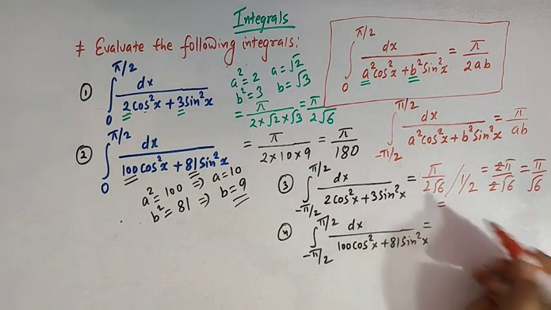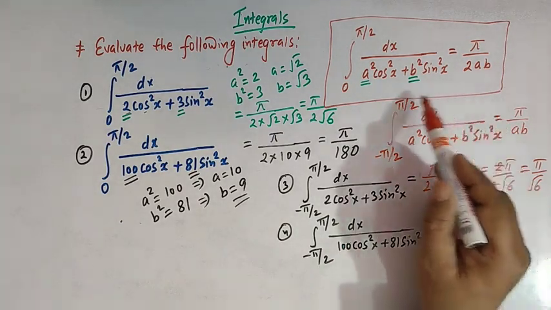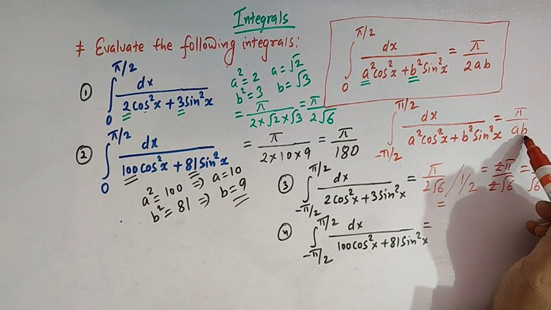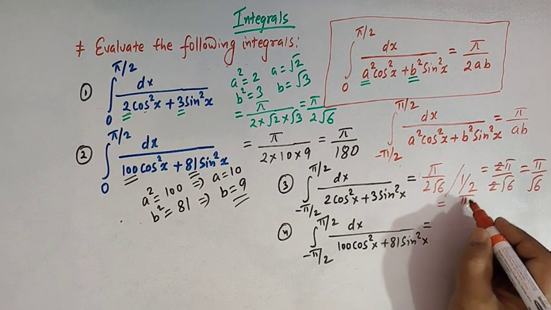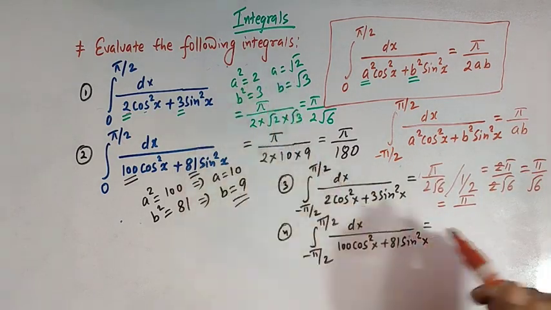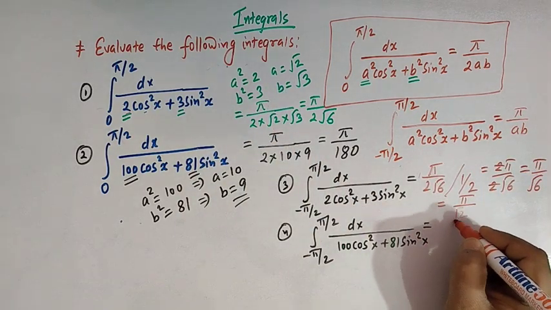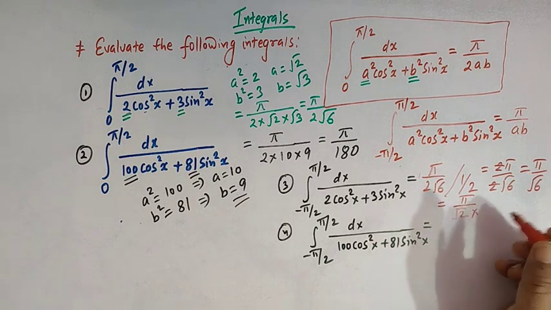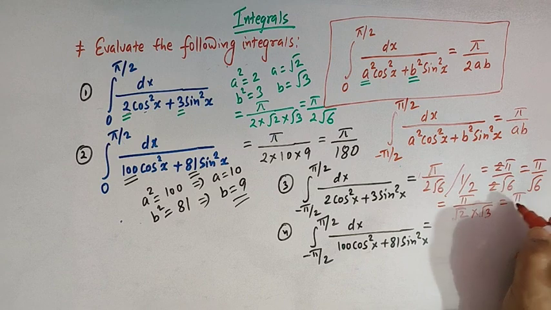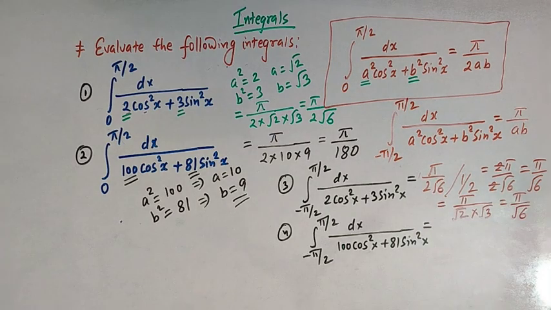Or in other words, we can say that the value of this integral is pi over a times b, right? A is the square root of 2, and here we have square root of 3. So this is pi over square root of 6.